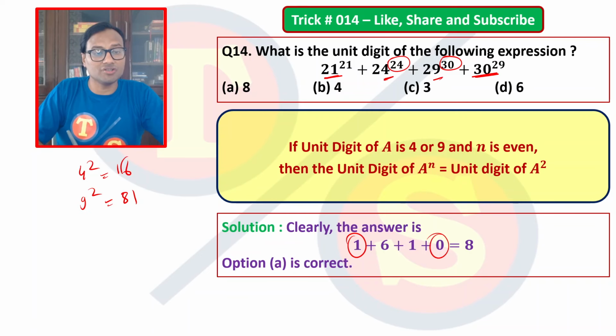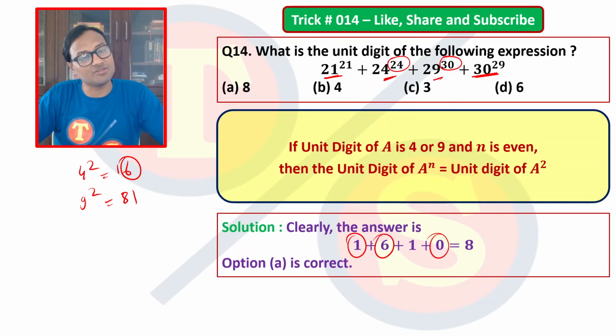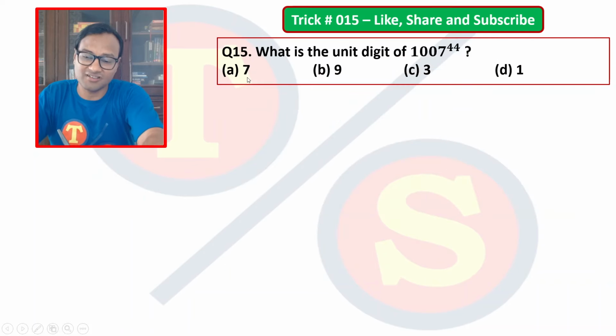So the unit digit of 4 square is 6. So in this case, the unit digit of this number will be 6 because the power is even. Had the power been odd, the unit digit would have been 4. But here the power is even, so the unit digit will become 6. And similarly, 9 to the power an even number, so definitely the unit digit will become 1. So here the final answer will be 1 plus 6 plus 1 plus 0, that is 8. Answer option A is the correct answer.